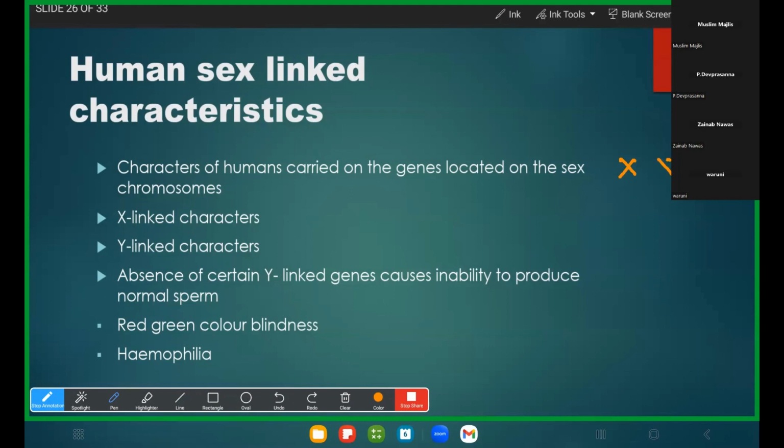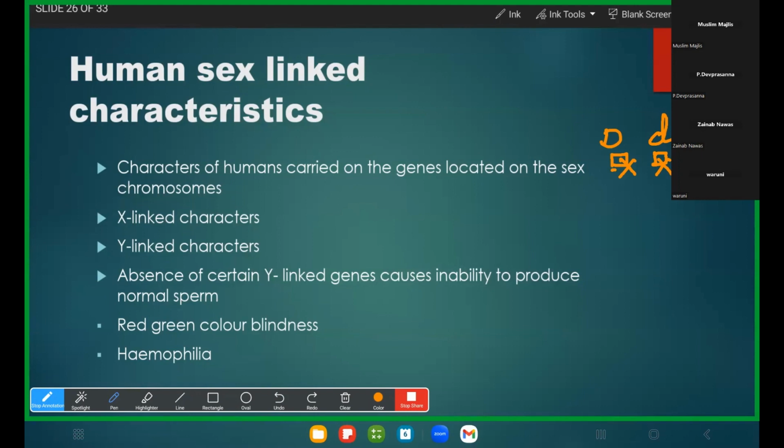If one allele carries the gene for the disease and the other allele does not carry the allele for the disease, then the chance of the disease being expressed depends on whether this gene is dominant or recessive, that is, expressed in dominant conditions or recessive conditions.